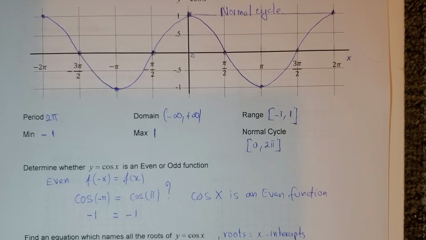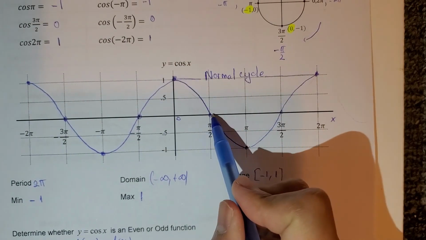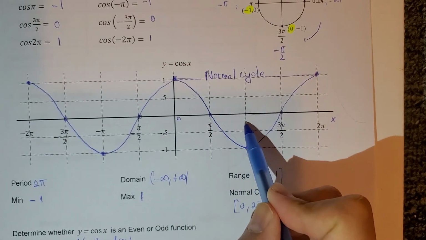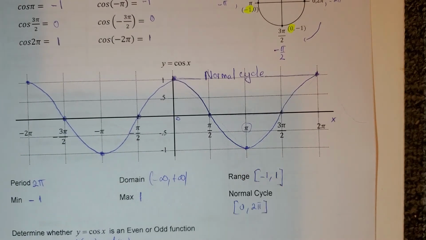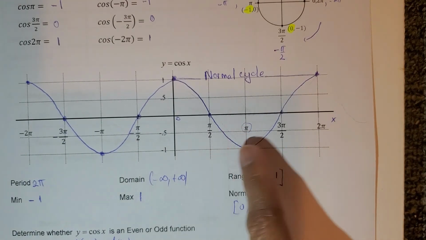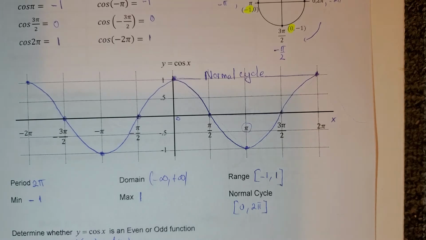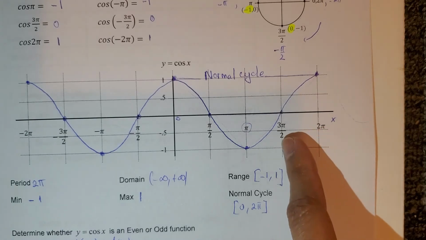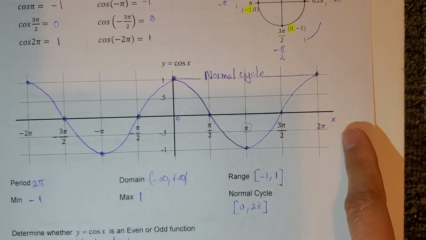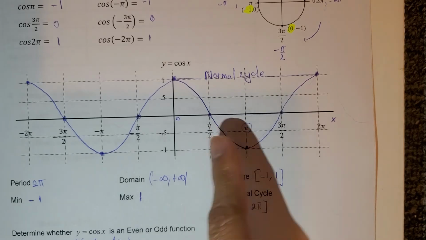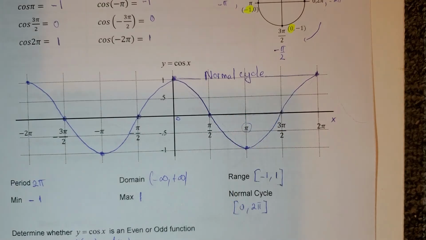So what should I add? If you look from here to here, that's just pi. So if you take pi over 2 and add pi, you get 3 pi over 2. If you add another pi to 3 pi over 2, you get another intercept, and so on. The same goes on the other side too.